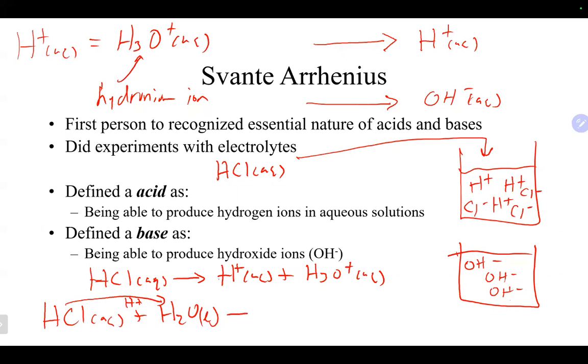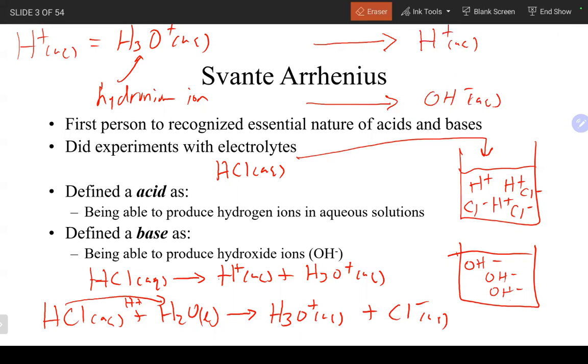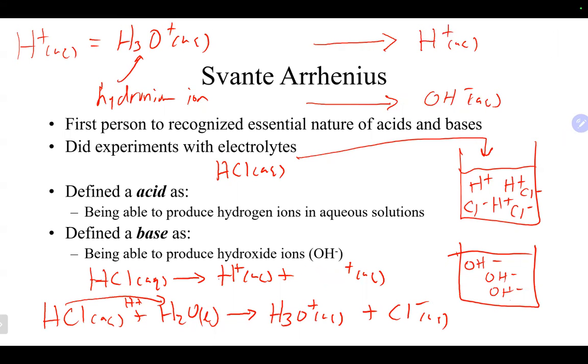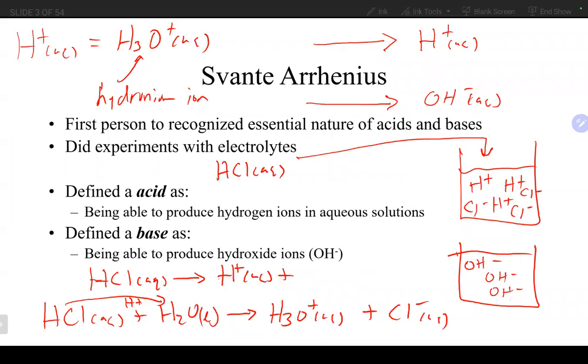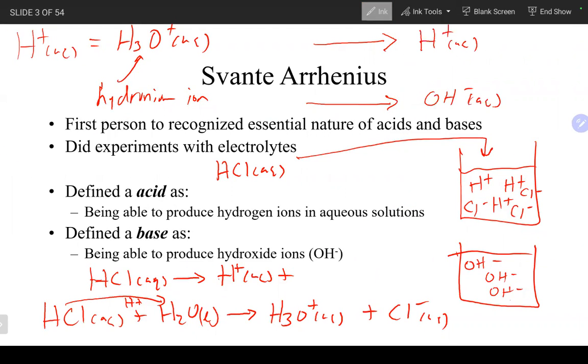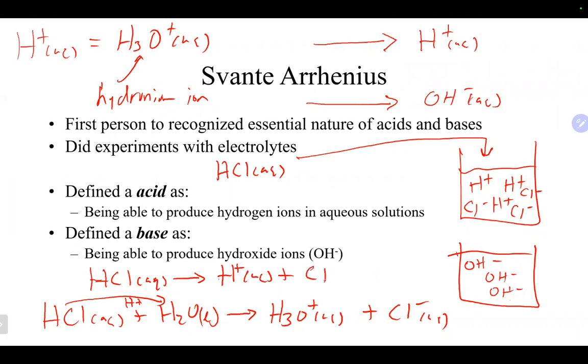And when you do that, what you will make is H3O plus and Cl minus. I wrote the wrong thing above there. I jumped the gun on H3O plus. So let's try that again. Sorry about that. That should be chloride, obviously, here. So that guy should be Cl minus. There we go.